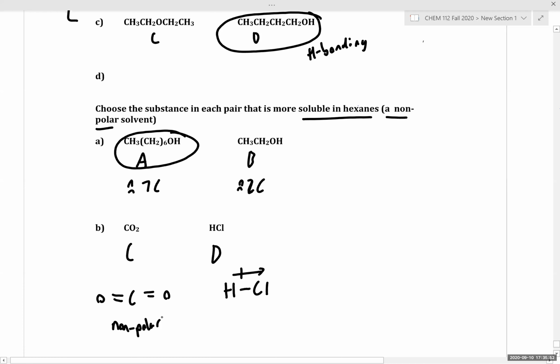So then, which of these substances would dissolve more readily in a nonpolar solvent, such as hexanes? C. C, yep, exactly right. Because we have a nonpolar substance dissolving in a nonpolar solvent. Does that make sense? Any questions on this example?